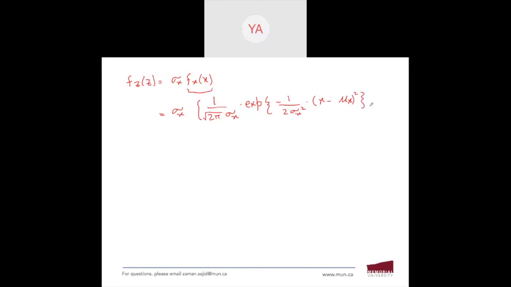Now the next is just the simplification. When we simplify this equation, this term will be cancelled out by this term. So I will have 1 over root 2 pi times exponential of minus 1 over 2 sigma x square times x minus mu of x.